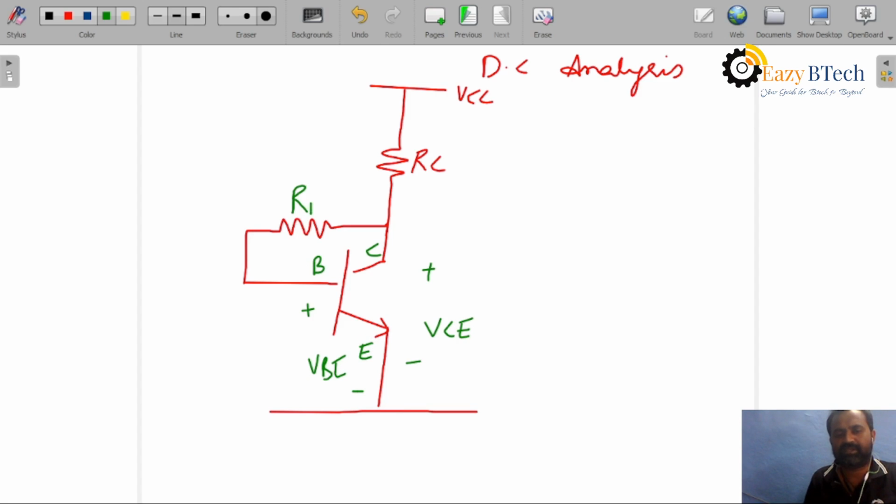This resistor is RB. Now here the current is I, and this current is divided: this side current is the IB current and this side current is the IC current.